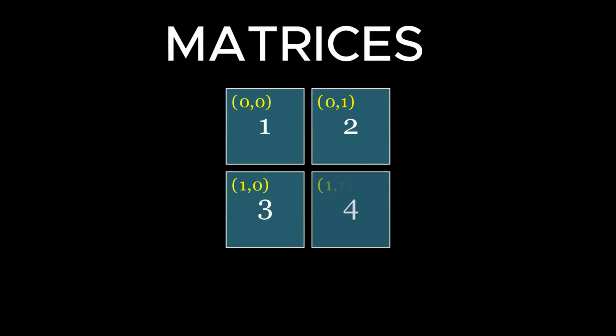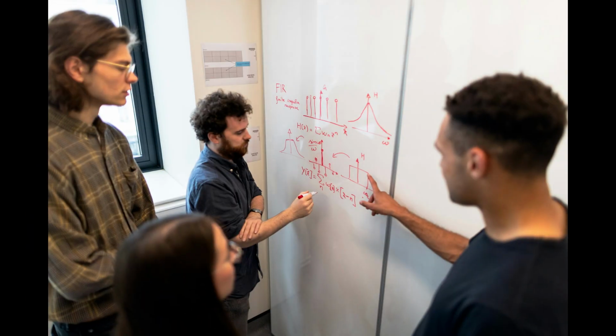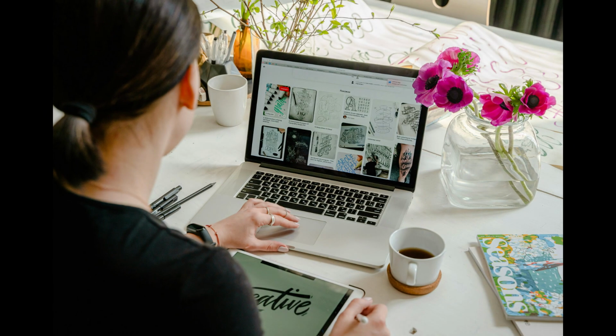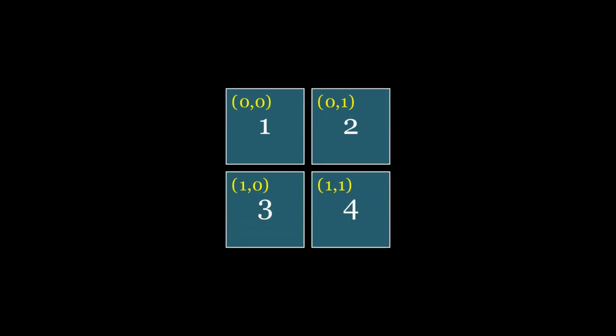Matrices are simple grids of numbers and they form the backbone of programming, data science, and graphics. In this video, we'll understand matrices from intuition to real code using only basic Python, no external libraries. Let's dive in.